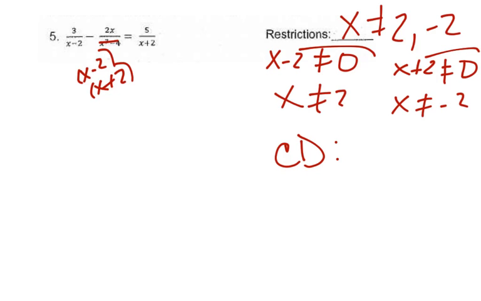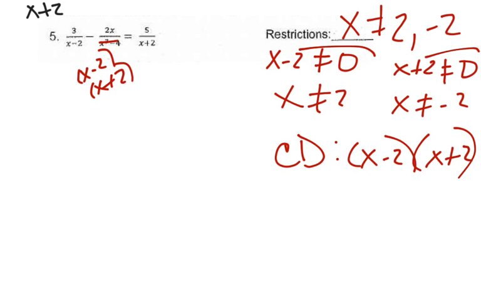Common denominator is going to be x minus 2 and x plus 2. Okay, so now you compare. First one is missing the x plus 2. The middle one is not missing anything. And the last one is missing x minus 2.